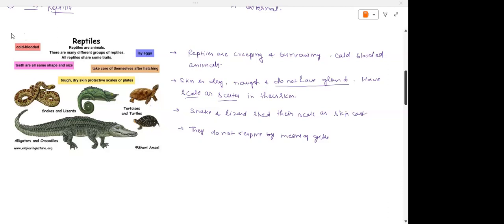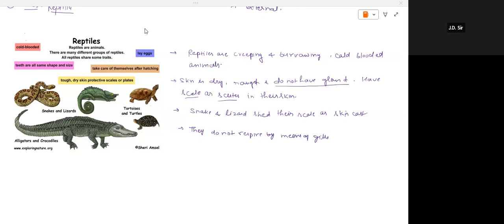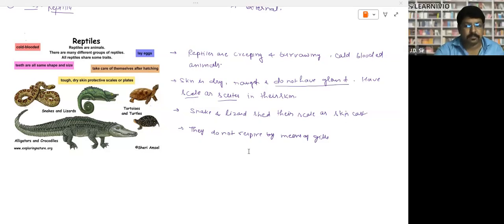Lungs are found for the sake of respiration. Respiration always takes place through lungs, right? So they do not respire by gills and all that.